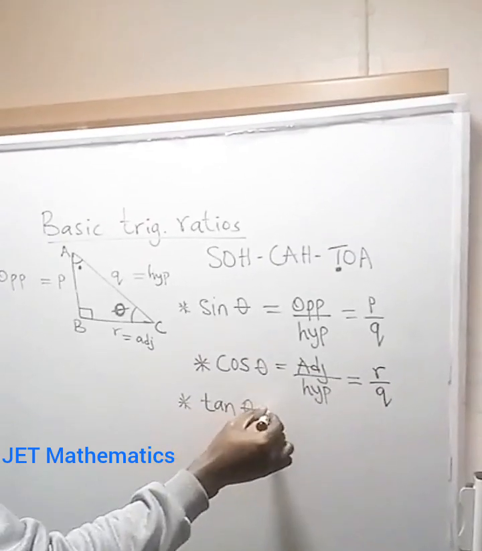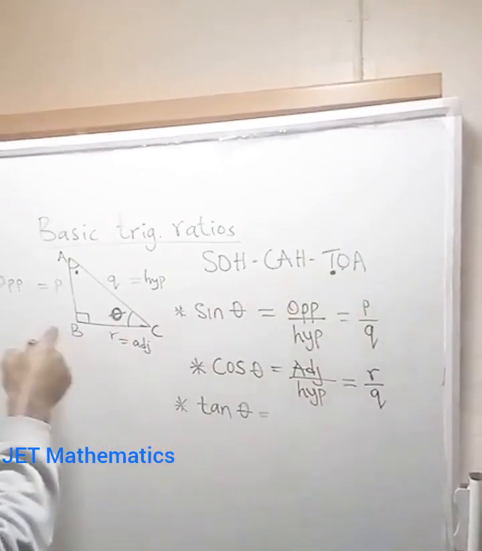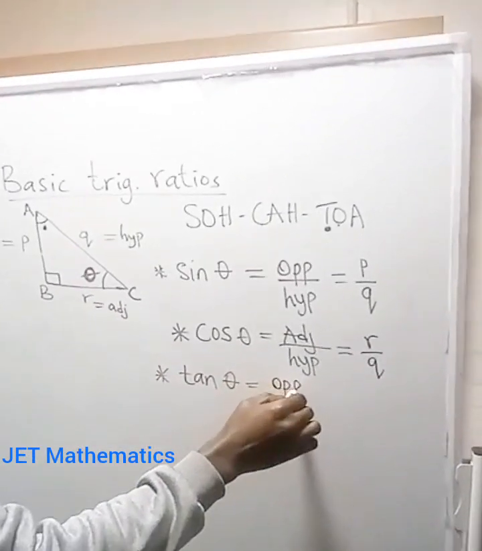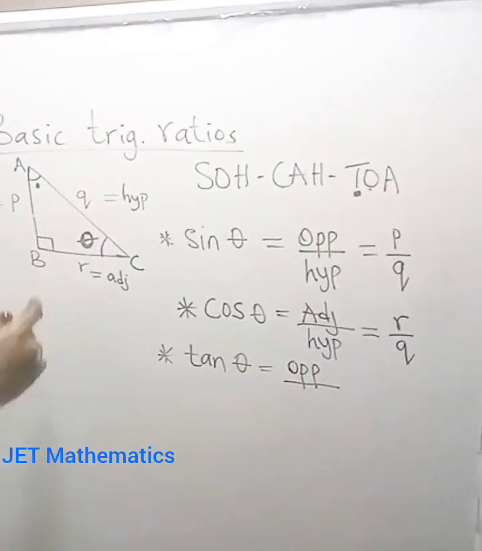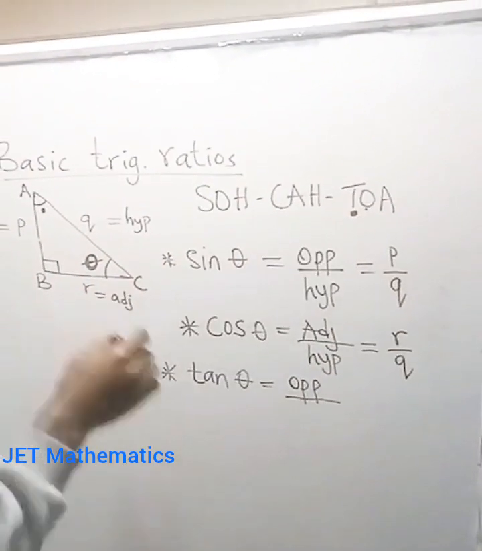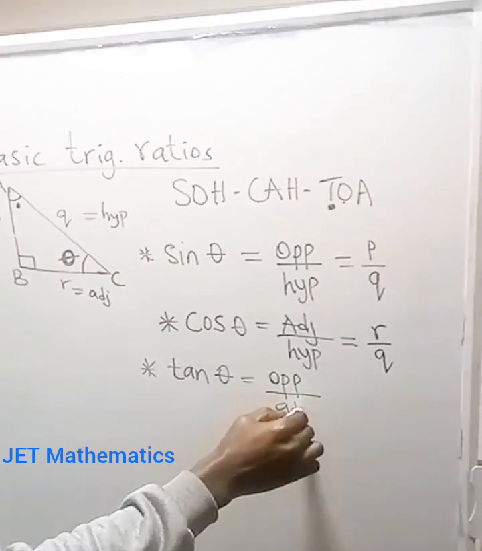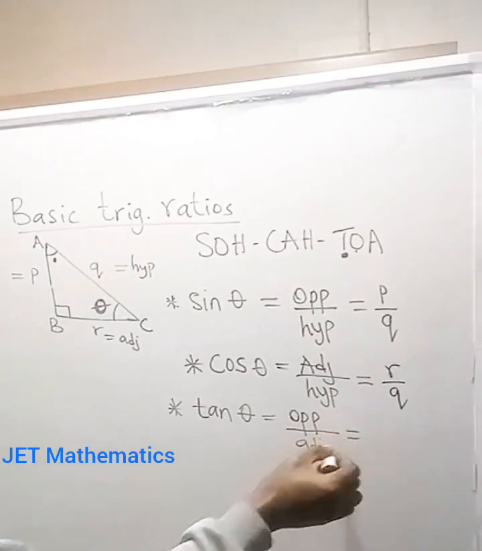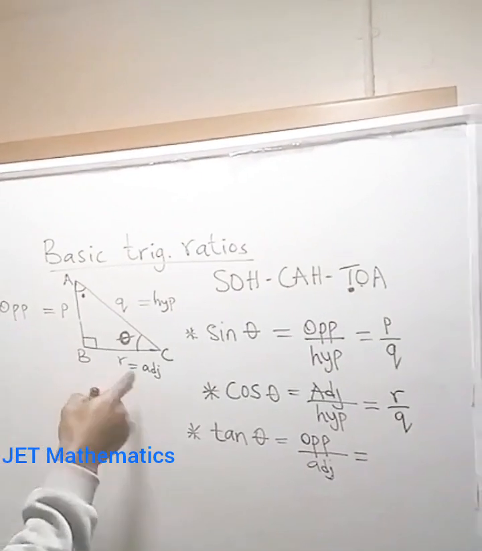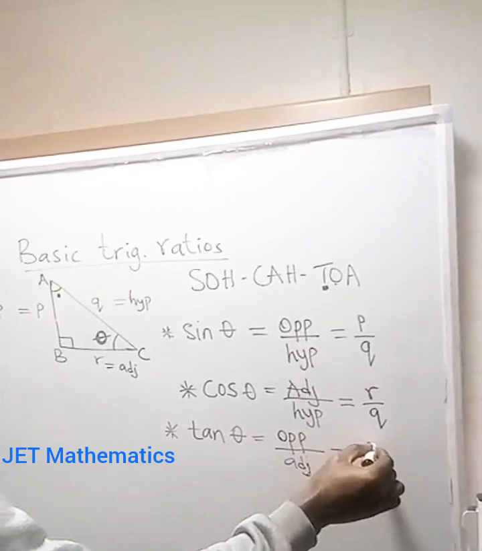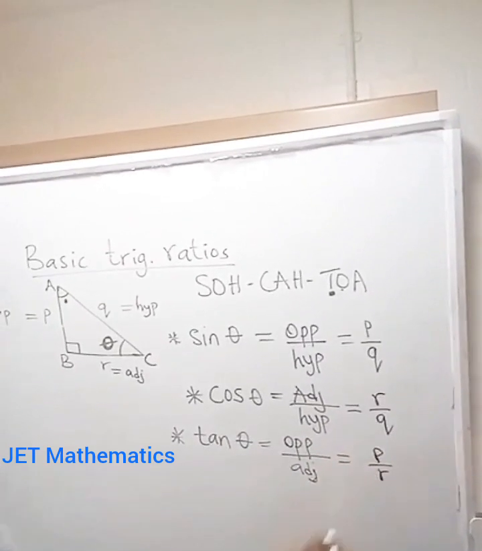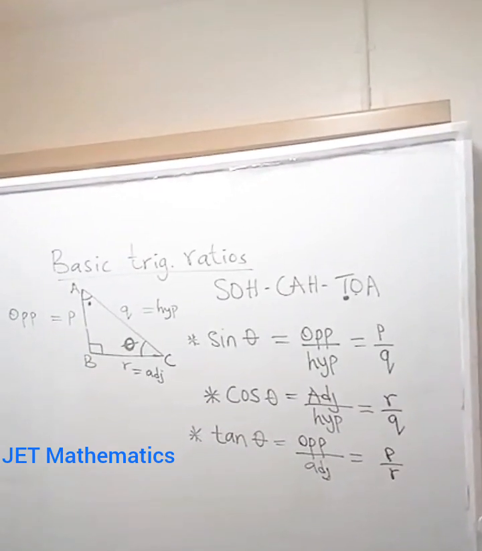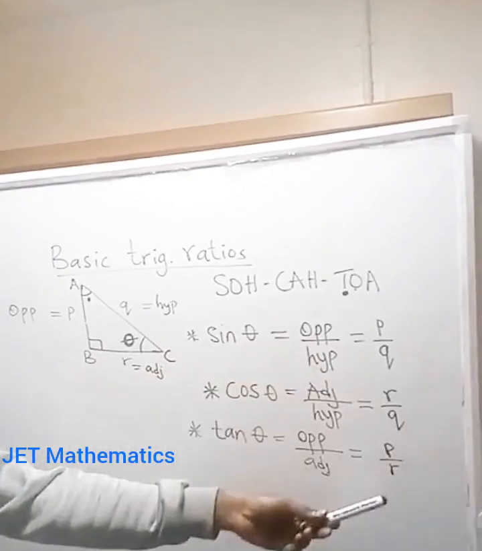Tan theta is equal to, the O stands for opposite, which is here, opposite, and then the A stands for adjacent, ADJ, adjacent, and that equals P over R. Okay, so I want you to put these results down and put them at the back of your mind.